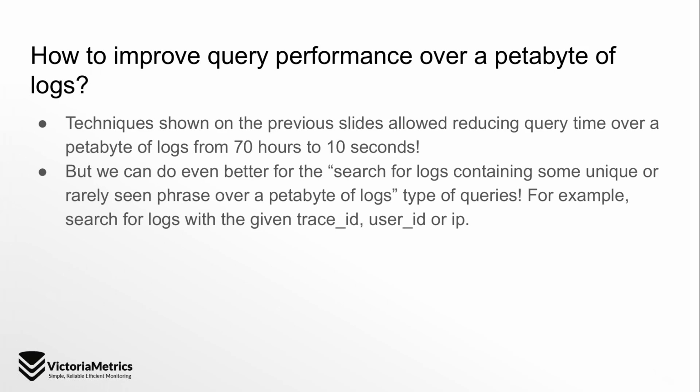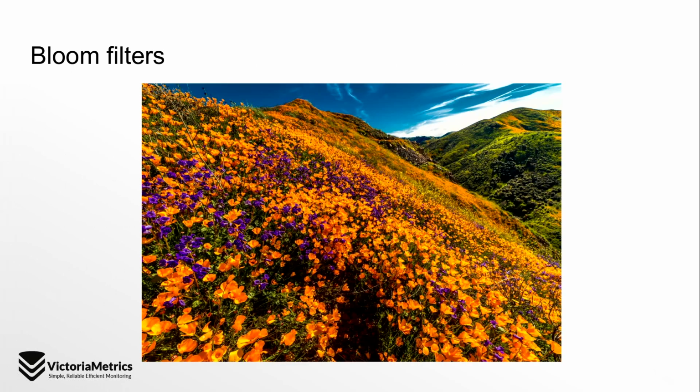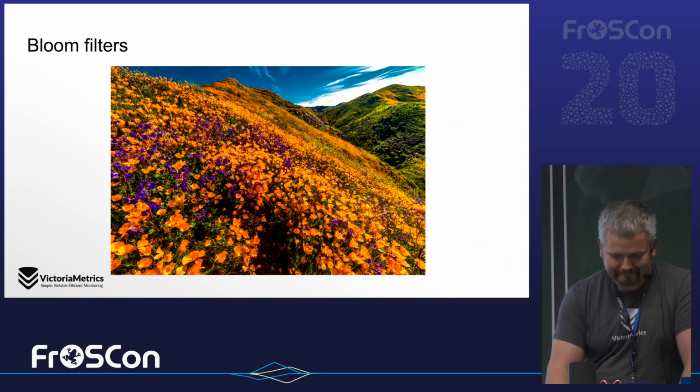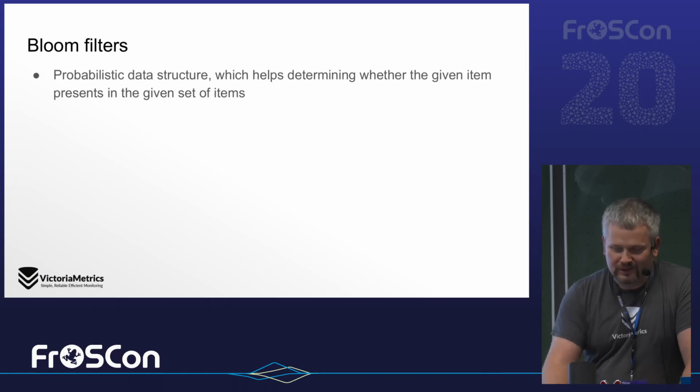There are typical types of queries for logs when you need to get some logs which contain some unique or rarely seen substring or phrase, such as trace ID, user ID, or IP address. And we can use Bloom filters for reducing the amount of data which needs to be read from disk in this case. What are Bloom filters?